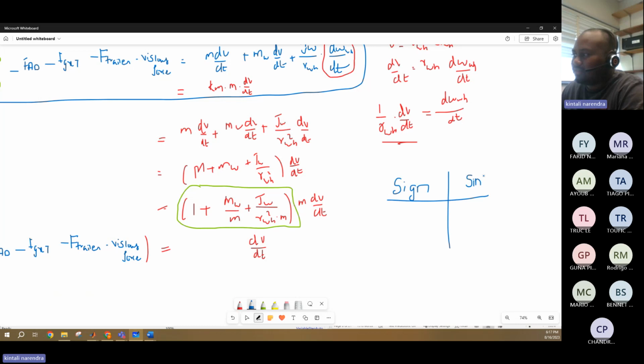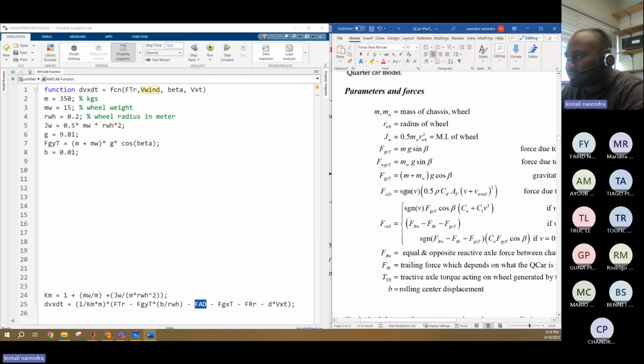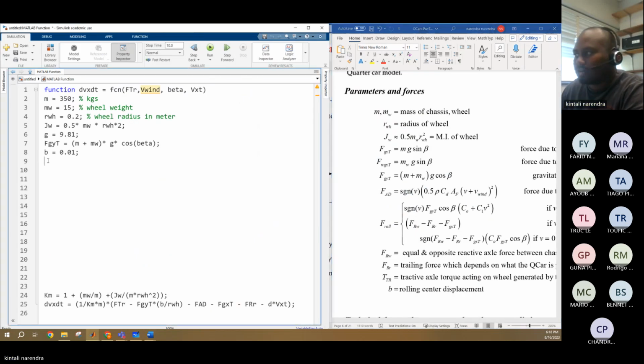This is sine from the tangent, like tan, cos, sine, cosec, from there. And this is just sign, whether it is plus or minus. The MATLAB function for this is sine. For this one it is SGN. So here you're using SGN.